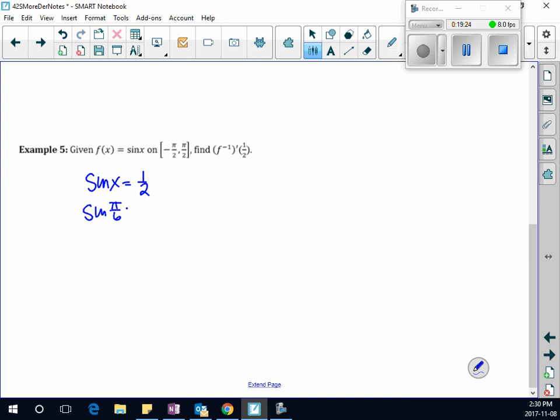Okay, so I'm going to write this a little bit more technically. What this represents is f of π/6 equals 1/2. So what do I now need to calculate in order to figure out the inverse, the slope where?